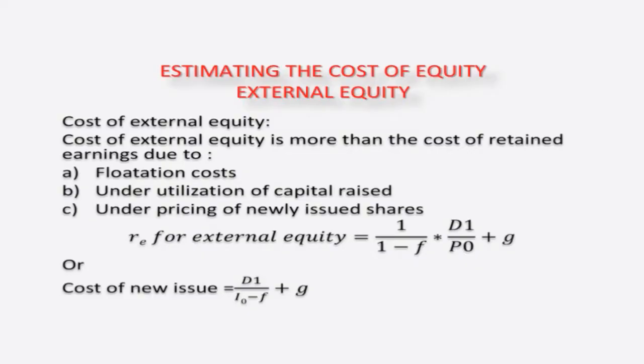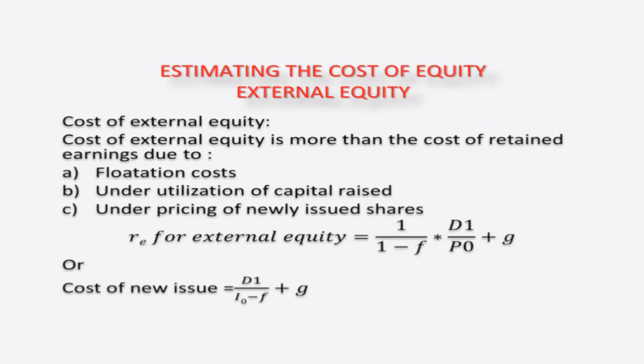So, there are certain advantages in deciding the cost of equity through the CAPM model, because the cost of external equity also we can calculate. The cost of external equity is more than the cost of retained earnings, due to flotation cost, underutilization of the capital raised and underpricing of newly issued shares.